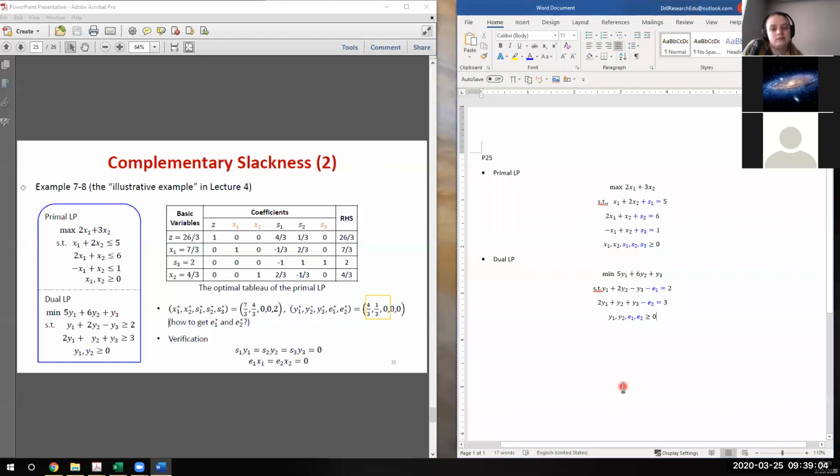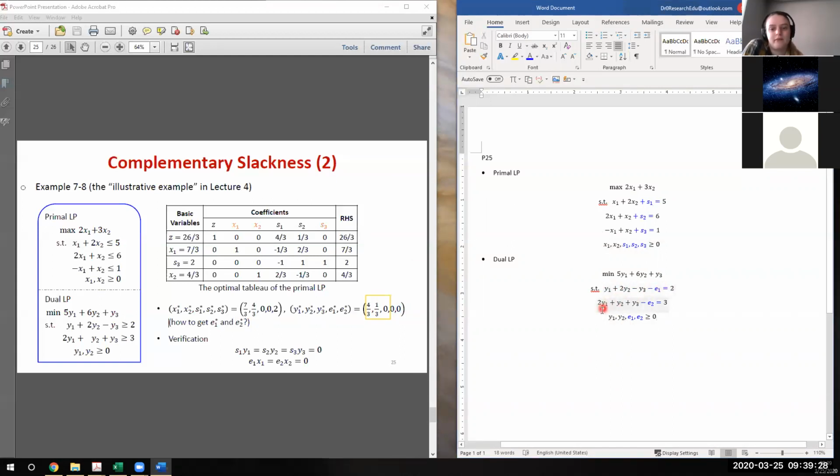So I'm going to substitute Y1 equal to 4/3 plus 2 times 1/3 minus 0 minus E1 equal to 2. And you know what? 4/3 plus 2/3 equals 2 already, so E1 equals 0.